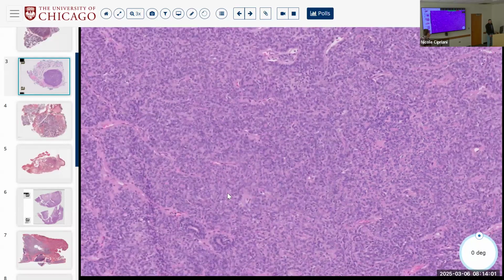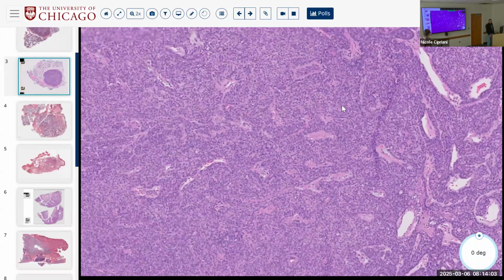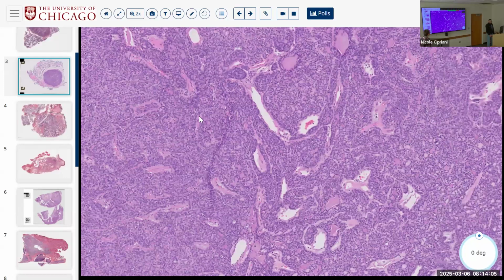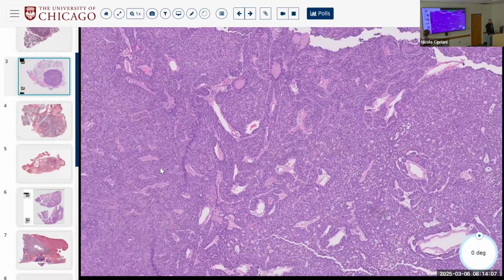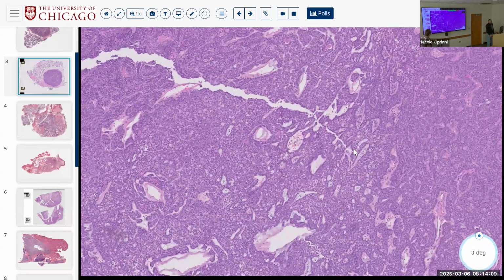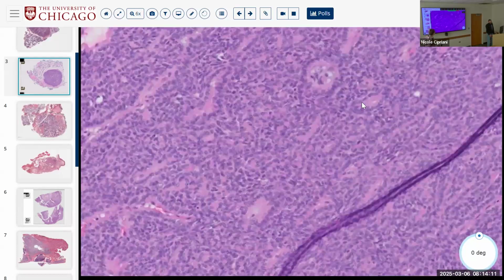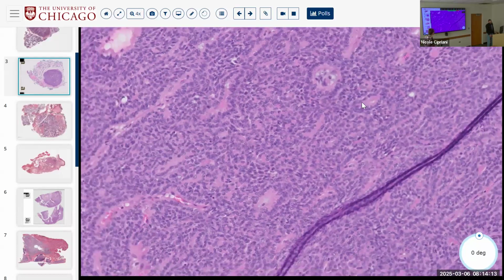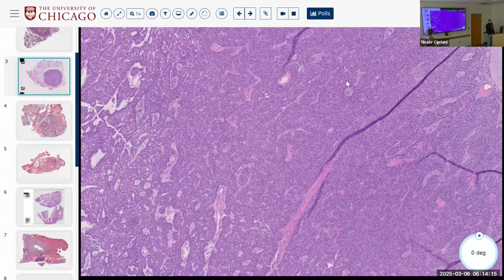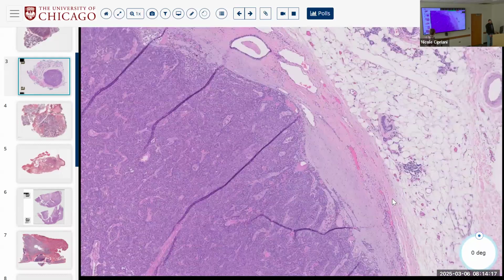Why? Because of the lack of myxoid areas. Yeah, so the lack of myxoid areas and the presence of a couple of things which we'll talk about.